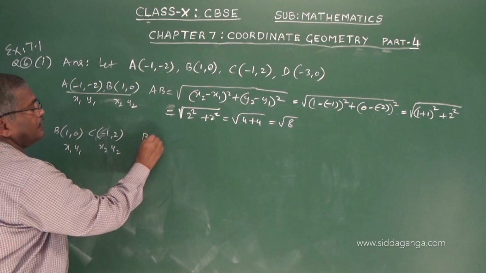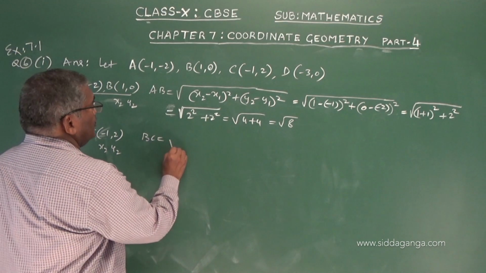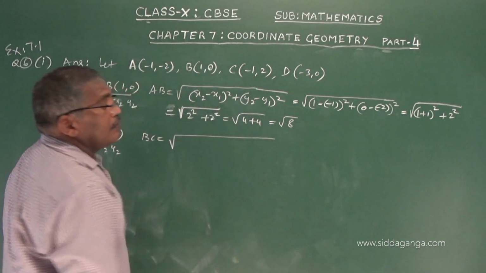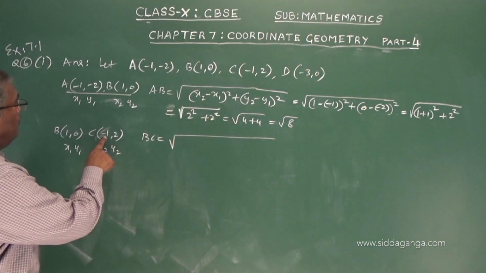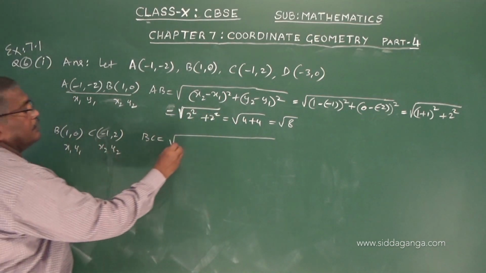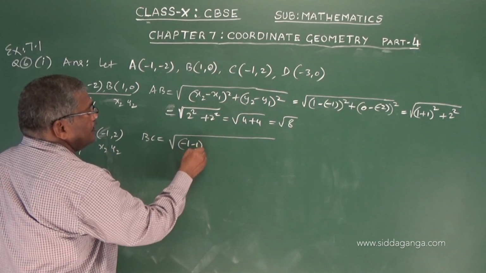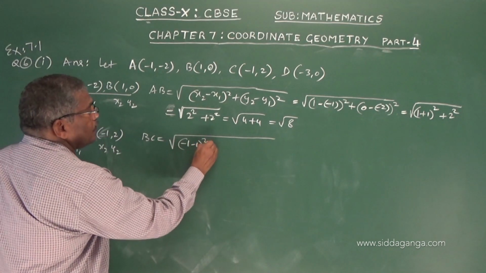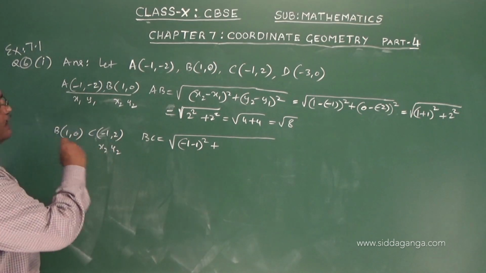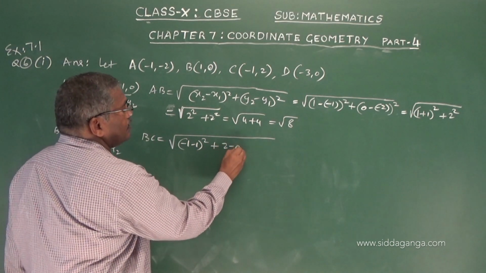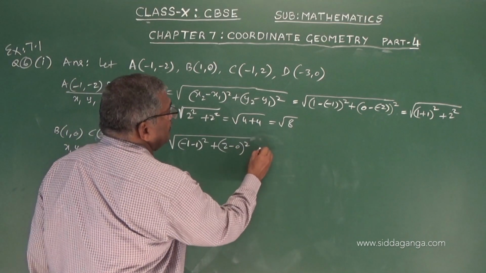So BC equals square root of x2 minus x1 whole square, that is -1 minus 1, x1 is +1, whole square, plus y2 minus y1, 2 minus 0 whole square.